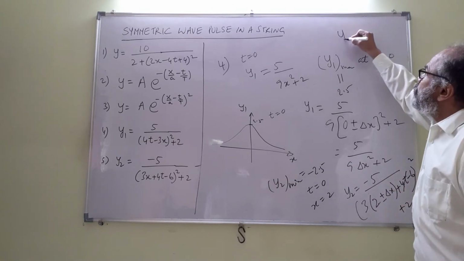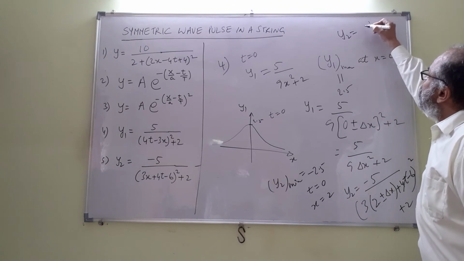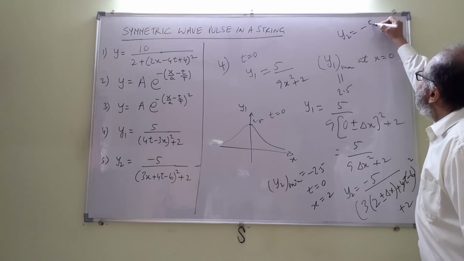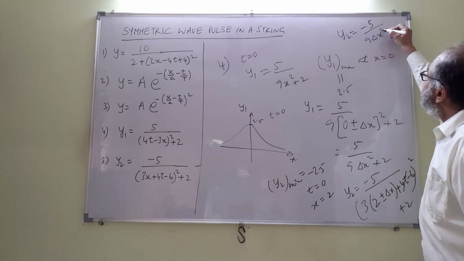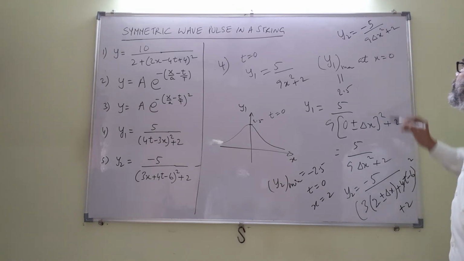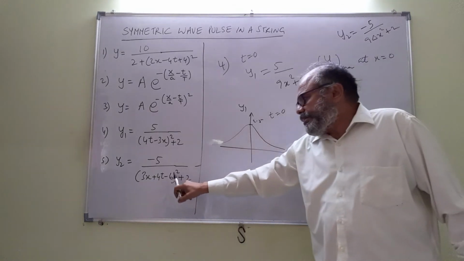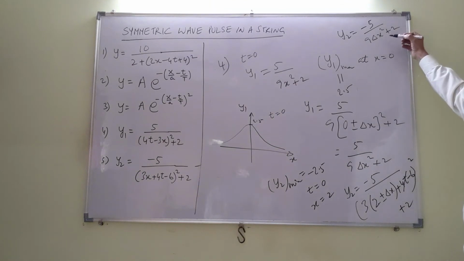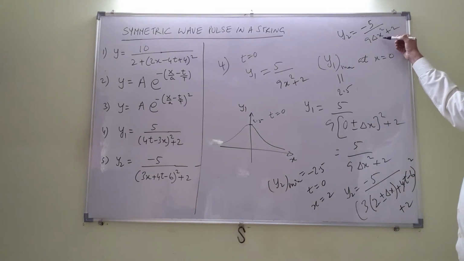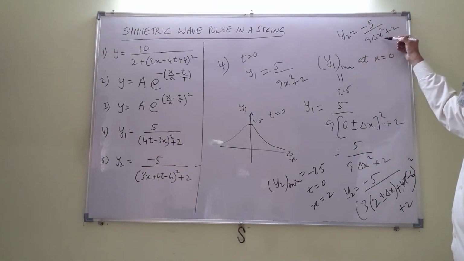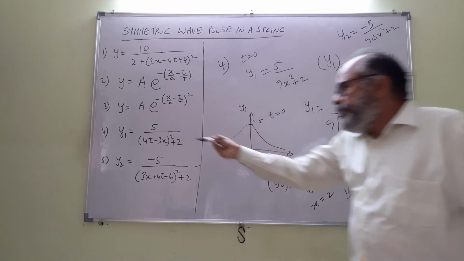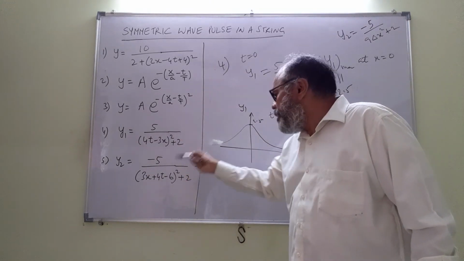So y2 will be minus 5 by 9 delta x squared plus 2. Again you find that this pulse is also symmetric. Whether you take plus delta x or minus delta x, y2 will have the same value. So both these graphs are symmetric.